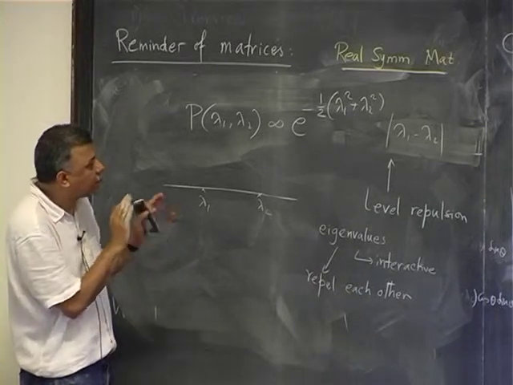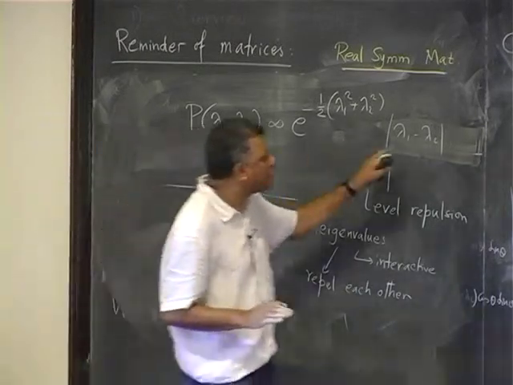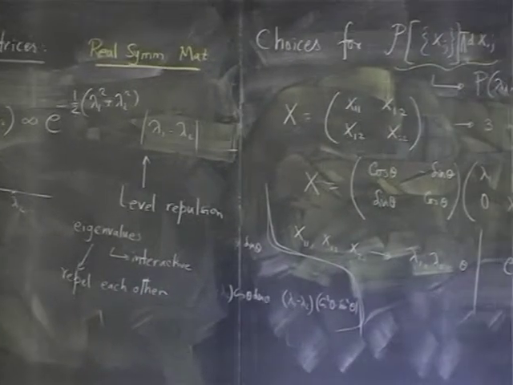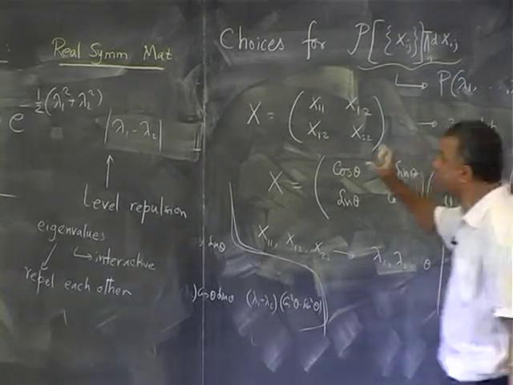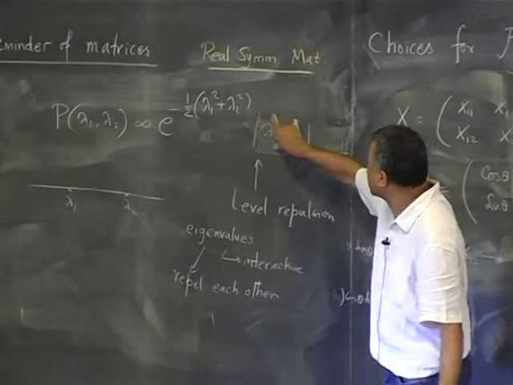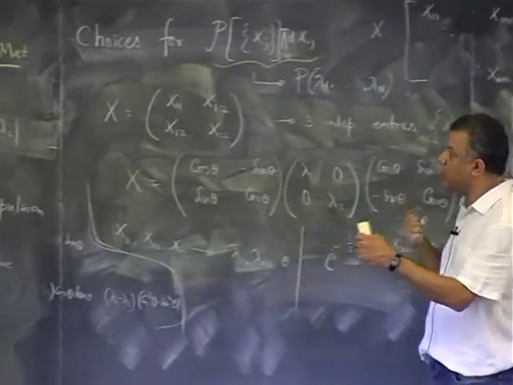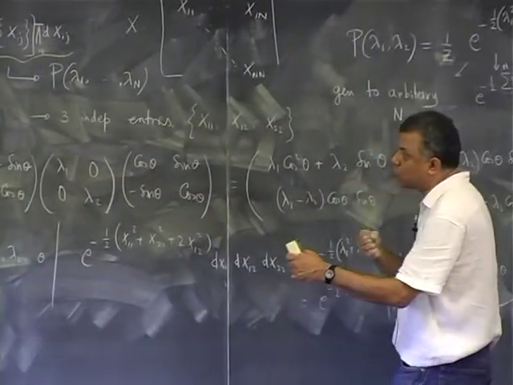But basically this Jacobian term, this van der Monde term, causes the interaction between the eigenvalues. This is the most non-trivial thing out of all this: there's an effective interaction between the eigenvalues, which causes them to repel each other.